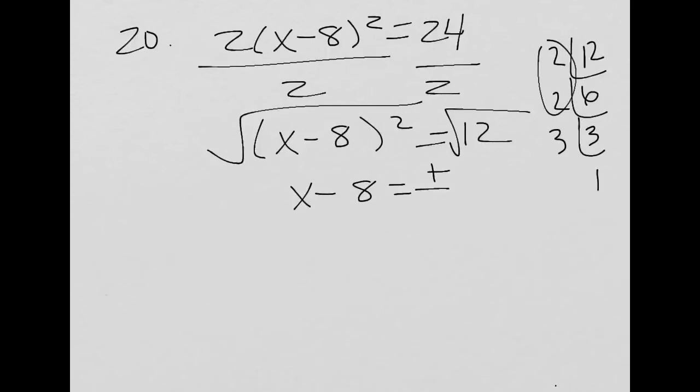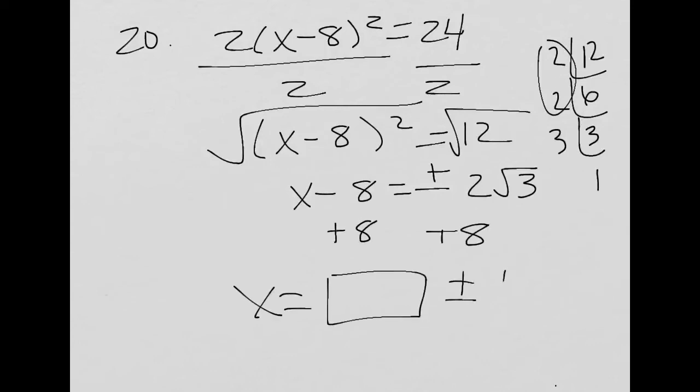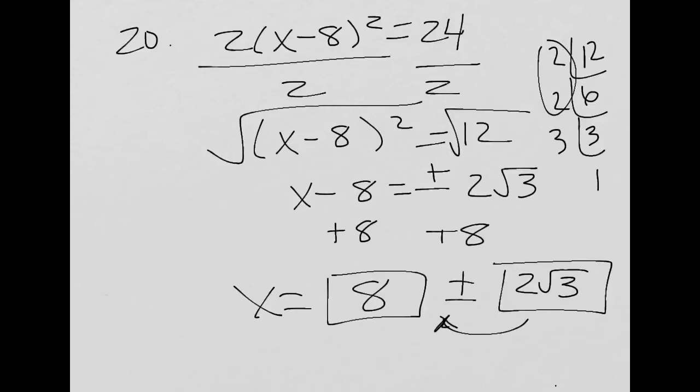I have a pair of 2's and a 3 left over. And then I add the 8 to get the x by itself. So in your answer, you have these 2 boxes. The 8's going to go here. The 2 square root of 3 is going to go there because it has to have the plus or minus with it.